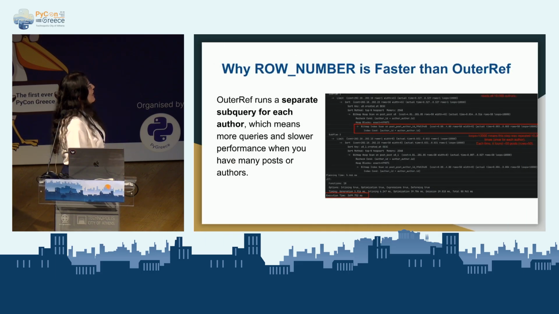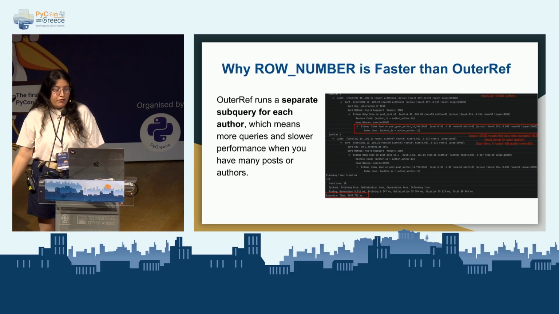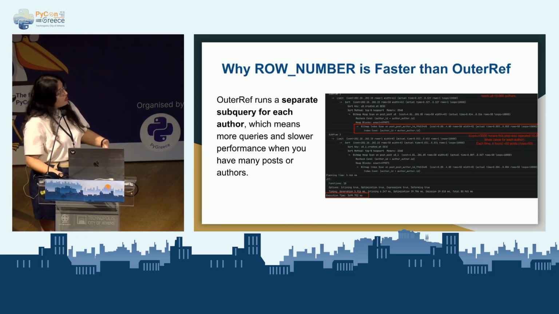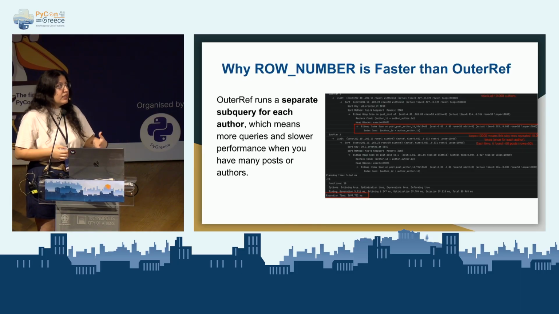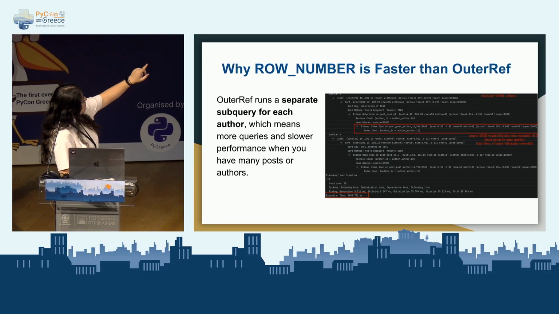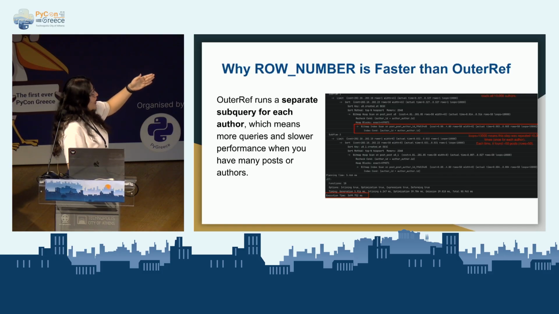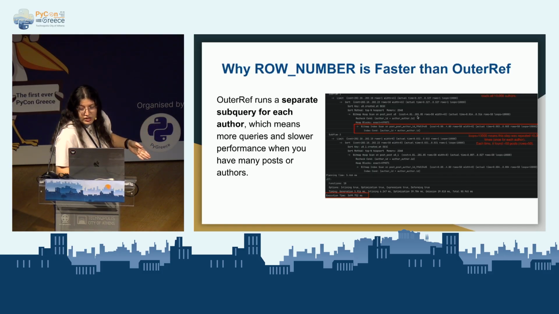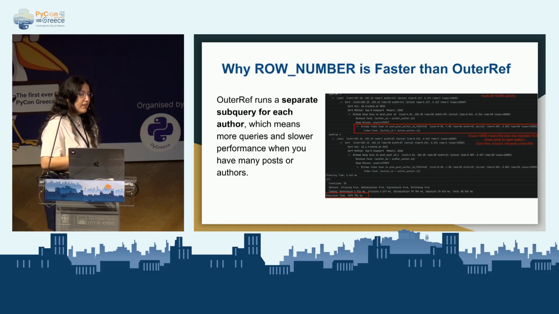Okay, why is row number faster than OuterRef? Because when you use OuterRef, it runs a separate subquery for each author. In the right image, I put the EXPLAIN ANALYZE output in PostgreSQL, and as you can see, we have 10,000 loops because we have 10,000 authors.